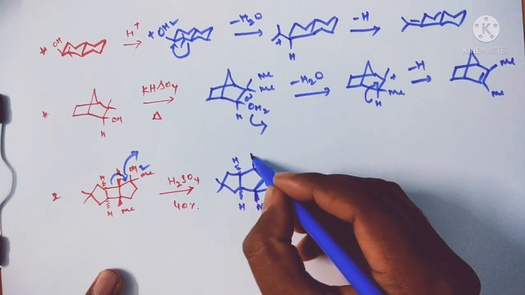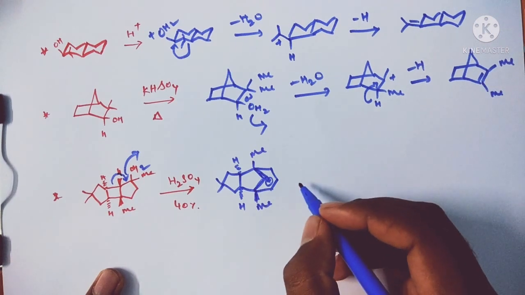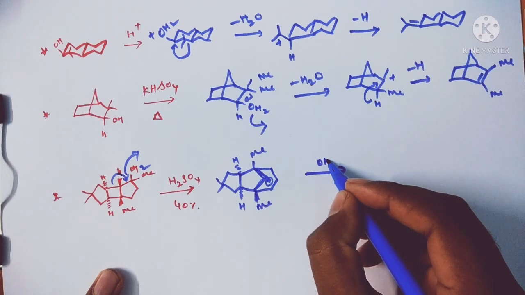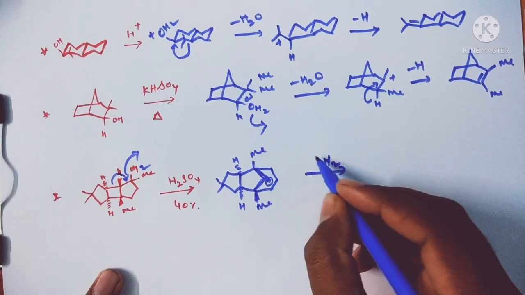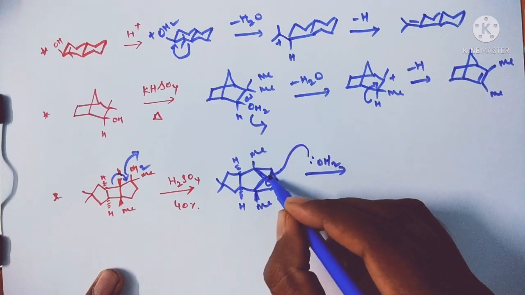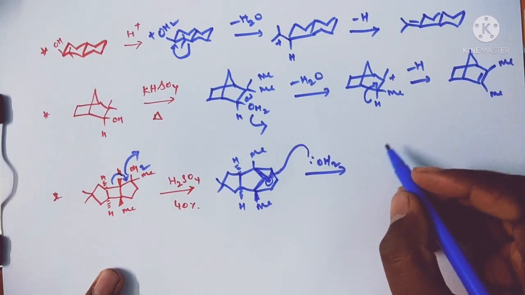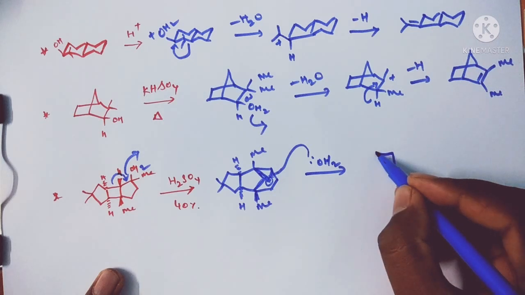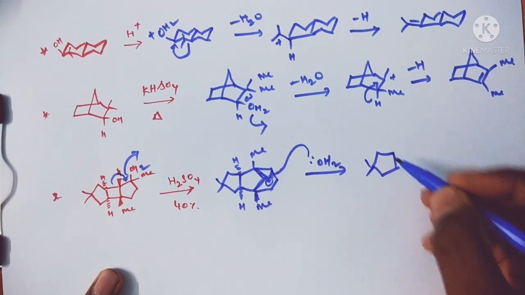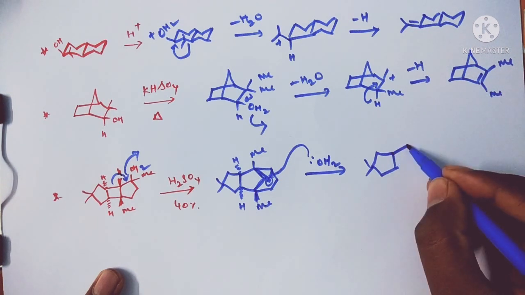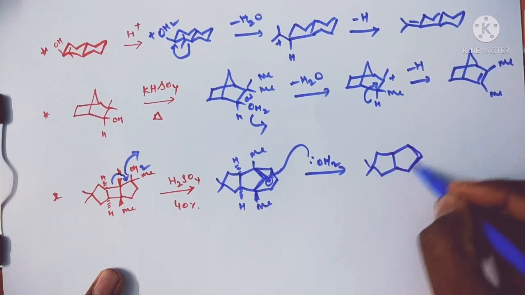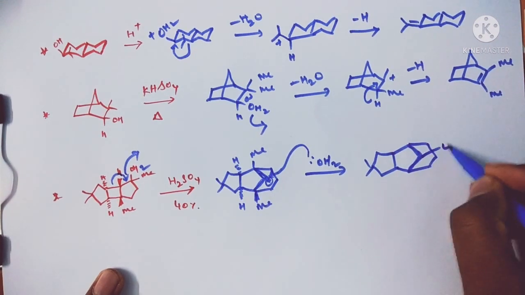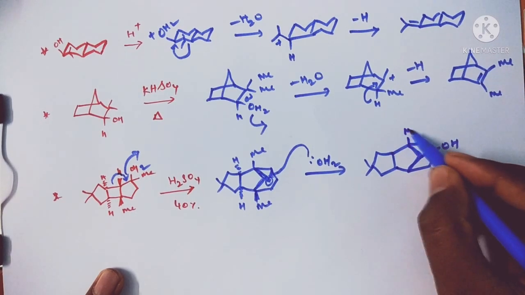This is methyl, this is methyl. Further, the nucleophile attacks the carbocation, so this gives the ring expanded product.